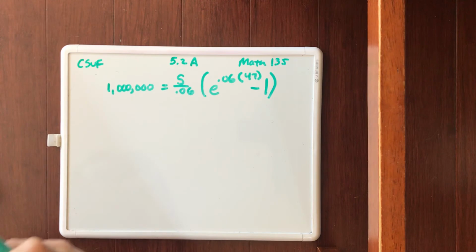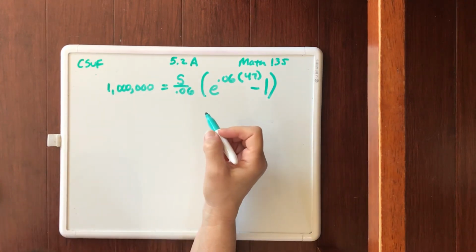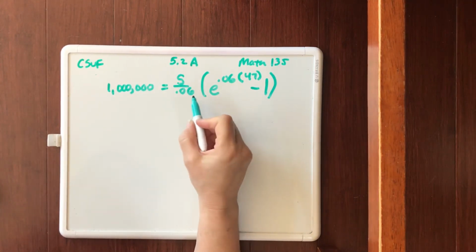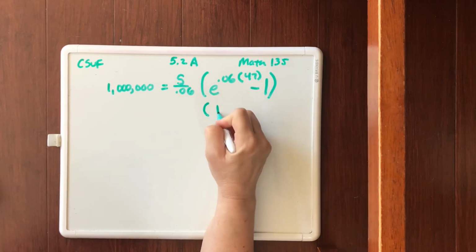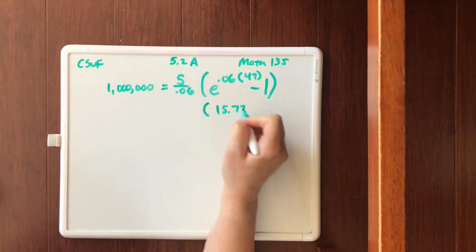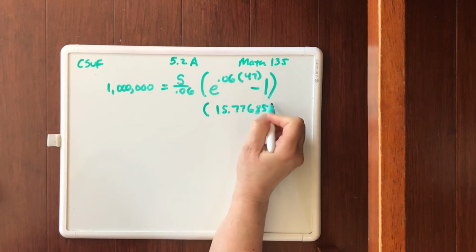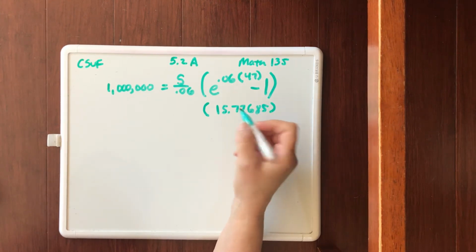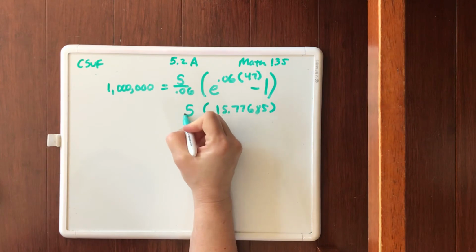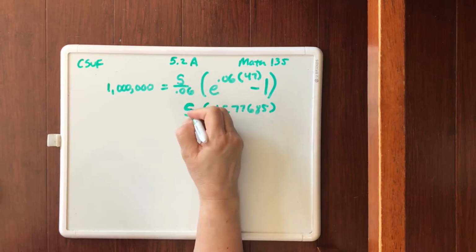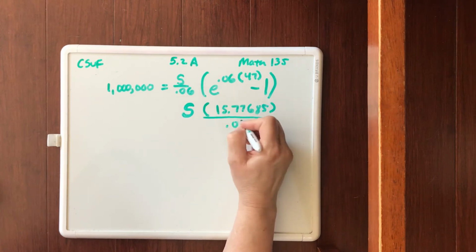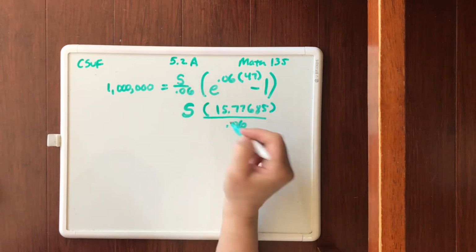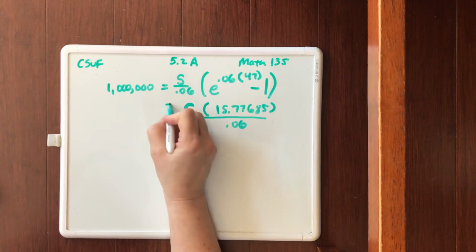We're solving for S, and we can calculate all this out right here to be 15.77685. I'm going to leave S here, and then I'm going to divide that by 0.06 because there's the 0.06 right there. That equals $1 million.